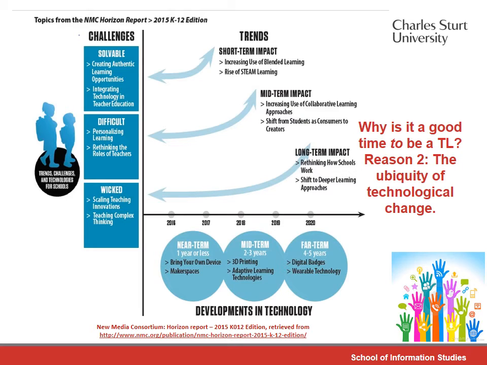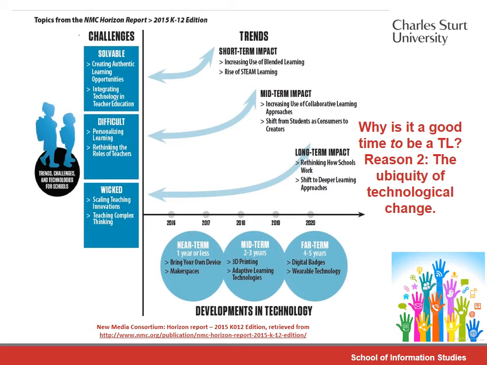What you see here is from the New Media Consortium Horizon report from 2015, which comes out every year. The way it's presented shows the technological challenges, solvable, difficult and wicked. So it's just interesting to look at those. A solvable one, integrating technology in teacher education.